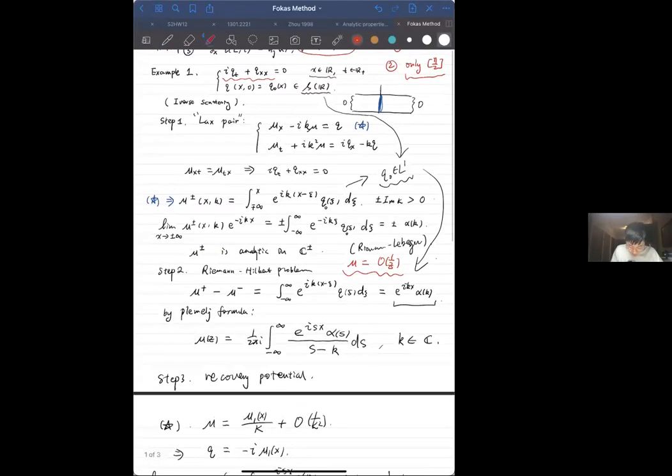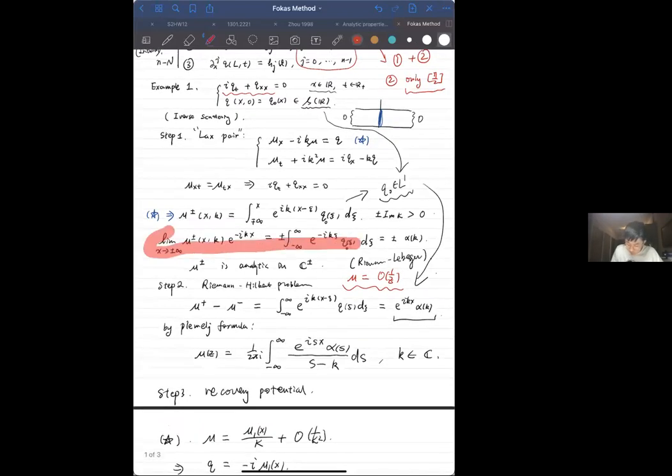The asymptotic is here, so this alpha is exactly the Fourier transform of the initial data. That's the beauty of the method, because inverse scattering is a generalized Fourier transform. Simple case, right? Yeah, because the equation is simple, so there's a lot of simplification.